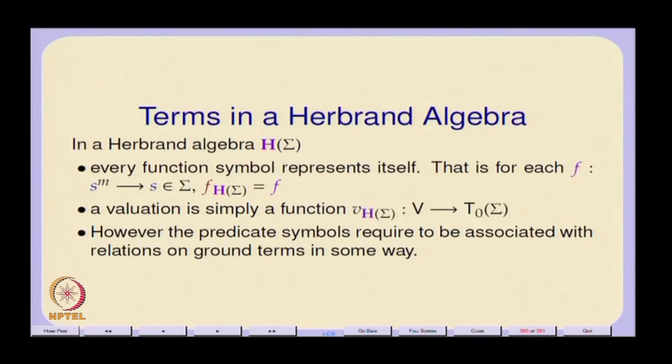And a valuation is simply a function which associates with each variable a ground term. The only difference is that we are not associating anything with the predicate symbols. At the moment we are leaving the predicate symbols alone.